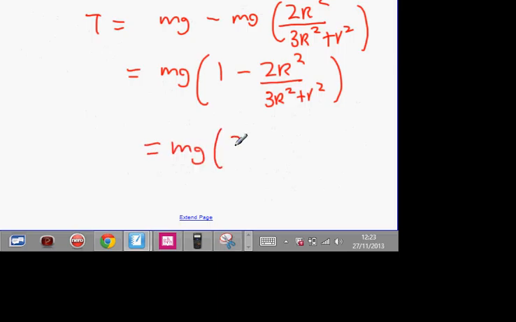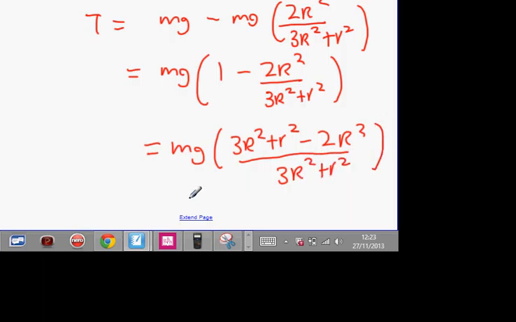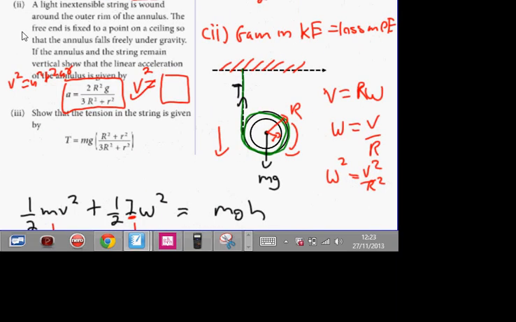Mg into 3R squared plus small r squared minus 2 big R squared, all over 3R squared plus small r squared. Mg into R squared plus small r squared over 3R squared plus small r squared. That was what we were asked to prove.